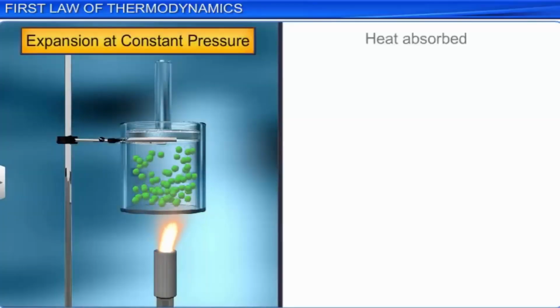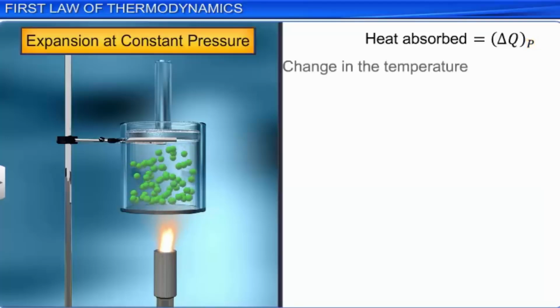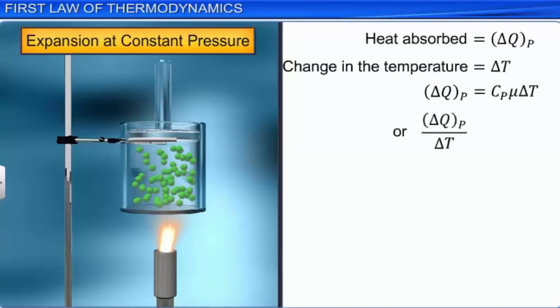Let the heat absorbed by the gas be delta Qp, where the subscript P indicates that the heat absorbed is at constant pressure, and the change in temperature is delta T. Then, delta Qp is equal to Cp into mu into delta T, or delta Qp by delta T is equal to mu into Cp. Let this be equation 1.